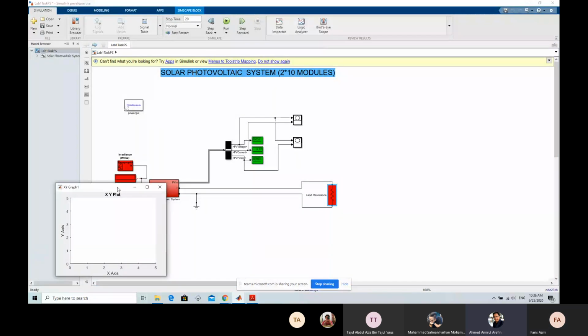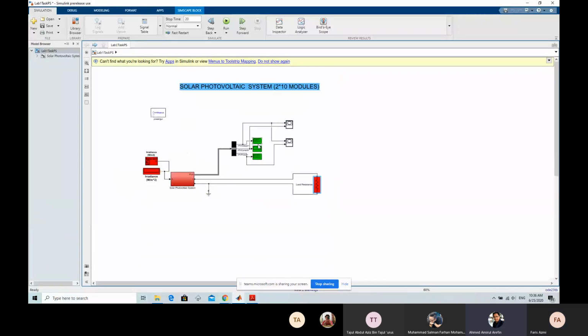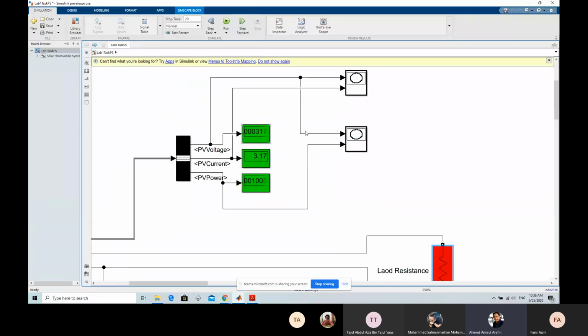Okay, we are not interested in the curves. We are interested in the display, the green one. Can you zoom it? So the short circuit current, you can see the values. Once you put a very negligible resistance, you can see your voltage, current, and power.